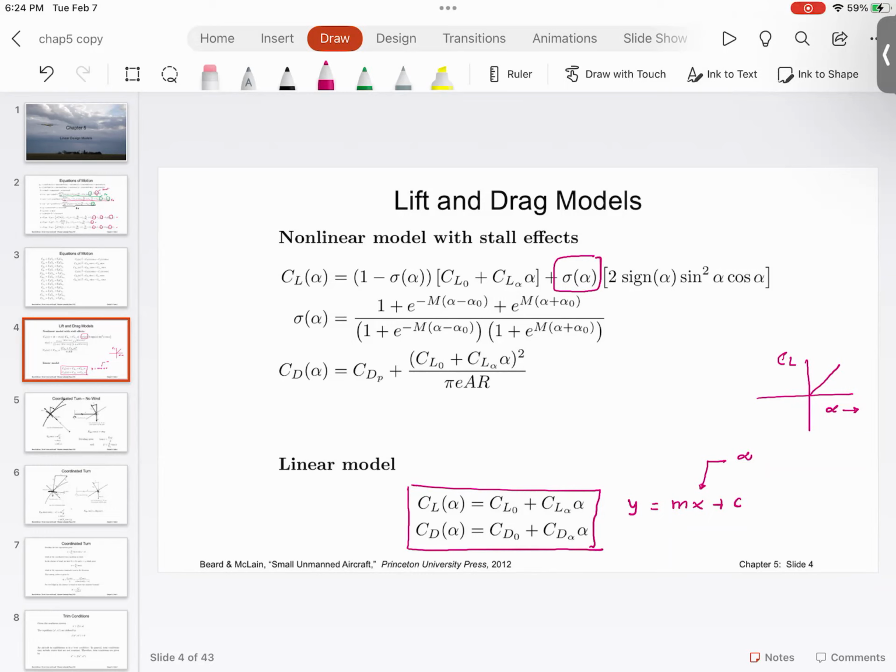Now, please understand, trimming is similar to stability, but stability is typically a static stability, which means all the forces are zero, all the moments are zero, all the velocities, all the accelerations are zero. Please understand, on an aircraft, if all the forces, all the moments, all the velocities, all the accelerations are zero, that aircraft will become a rock.